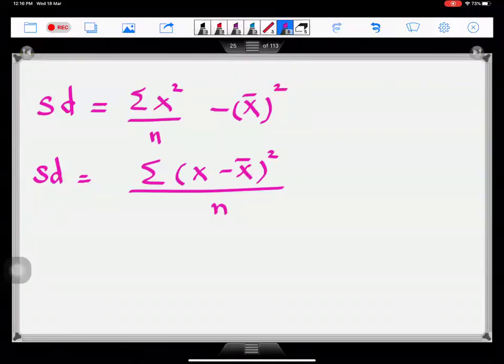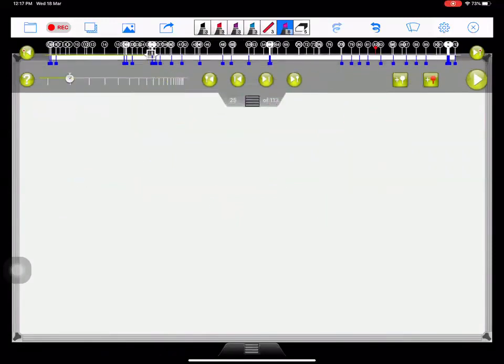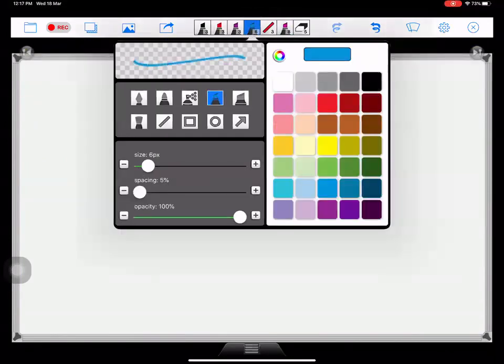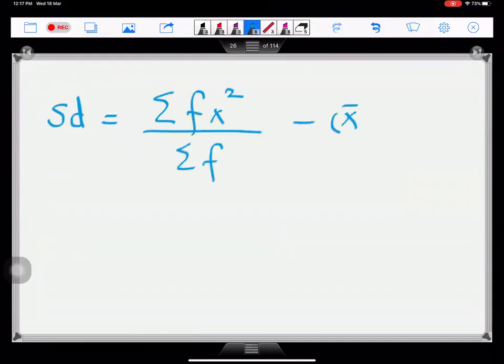These two formulas are related with raw data. And another two formulas are related with frequency distribution. SD, that is square root of sigma fx square over sigma f minus x bar square. And SD, don't forget the square root.